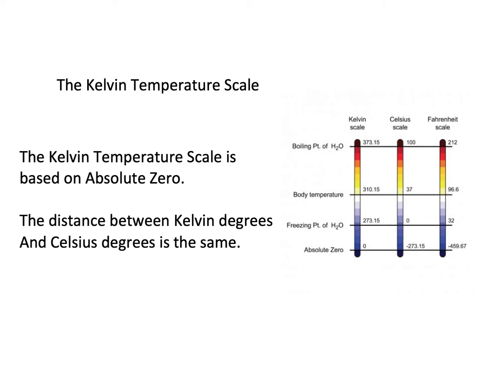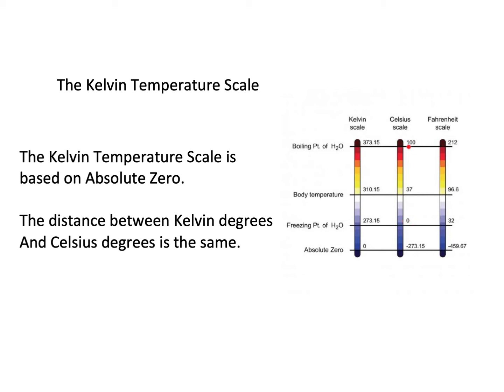Now, when it says the distance between Kelvin degrees and Celsius degrees is the same, what that means is this. So consider the freezing point of water. On the Kelvin scale, it's 273, and then the boiling point up above is 373. The distance between those temperatures is 100 degrees. Now, if you go to the Celsius scale, the freezing point of water is 0 degrees Celsius.